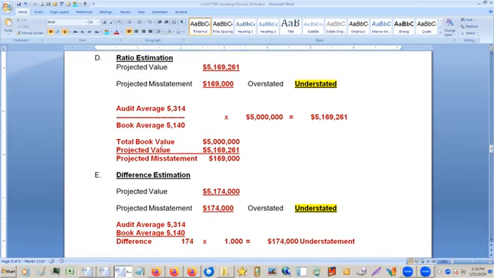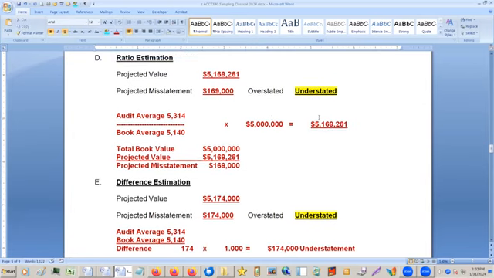Okay, ratio estimation. Ratio estimation says if there are misstatements, they're off by a ratio: large things, large errors; small things, small errors. And so we take this, and I think I rounded this. This is a rounded number. So the projected value is 5,160,000. Oh, whoa!